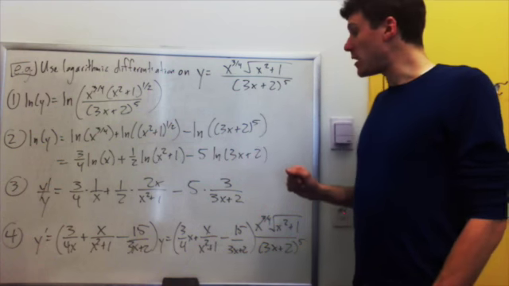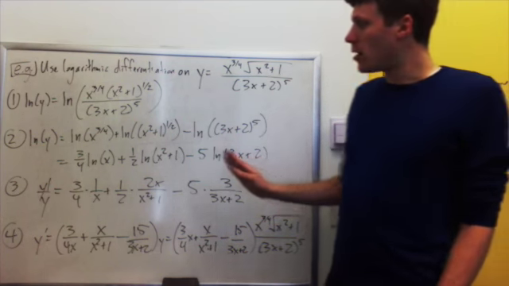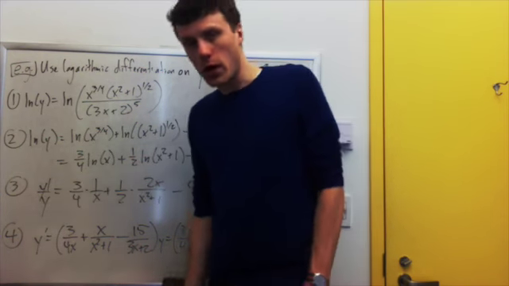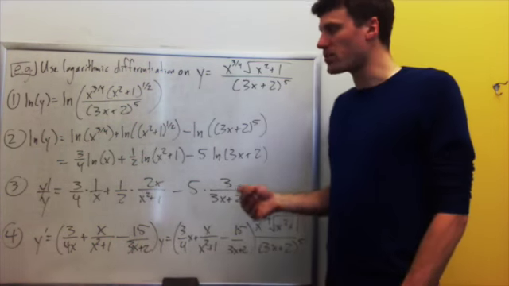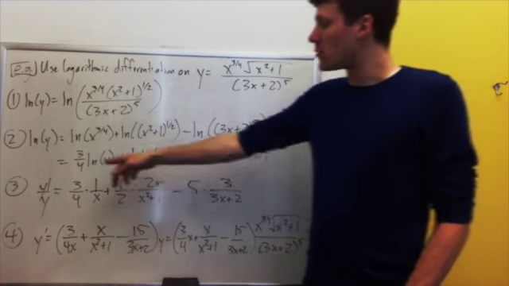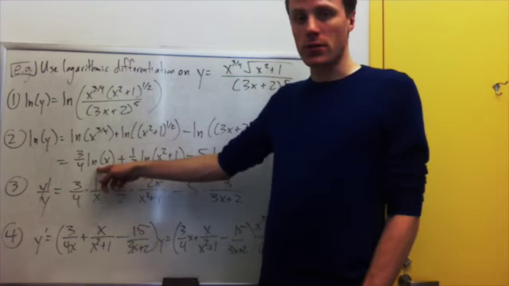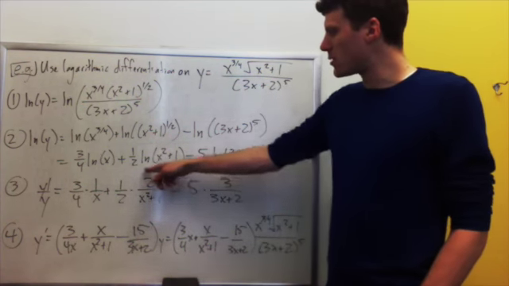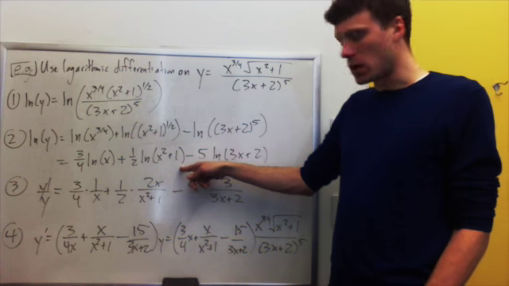Now the third step is I take the derivative. On the left-hand side, the derivative of log of y is y prime over y. That follows from just the logarithmic derivative. Over here, I have 3/4 times the derivative of log of x, which is just 1 over x, plus 1/2 times the derivative of log of x squared plus 1.